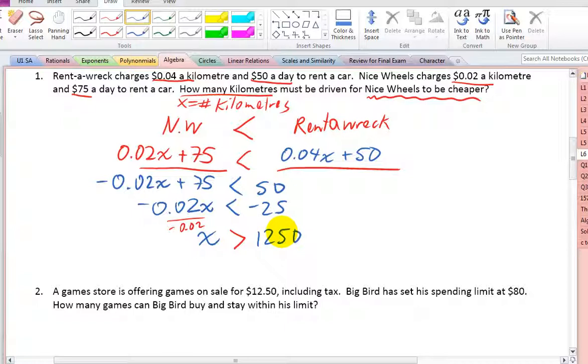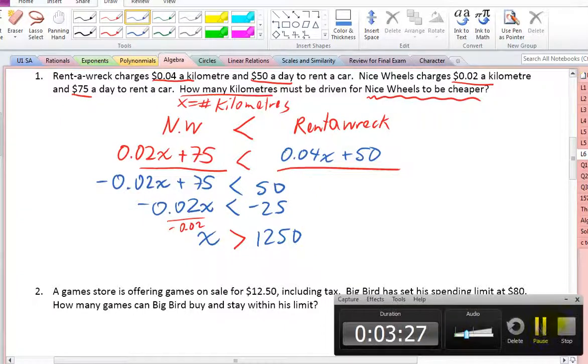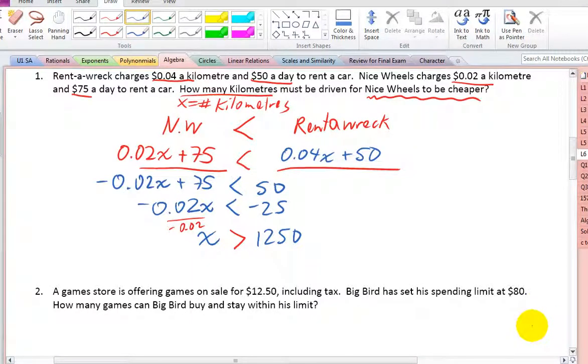So here's where you gotta be super careful now. Interpret the answer to make a correct sentence. It's not an equal to sign, so interpret it. I'll give you a shot. Go. More than 1,250 kilometers. Good.